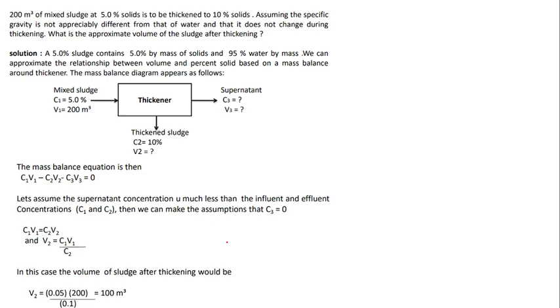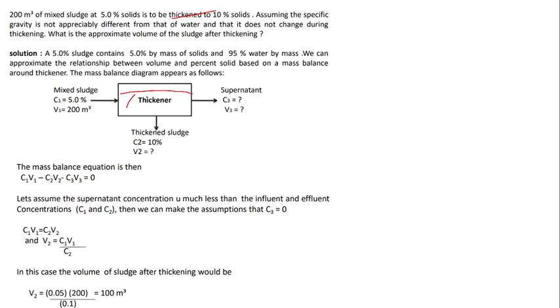So this is the block diagram of the process. Here the process is thickening. Thickening is nothing but concentration. So your solids content will increase and the water content will decrease. Out of the 5% solid in the 200 meter cube of mixed sludge, the sludge is thickened to 10% here.